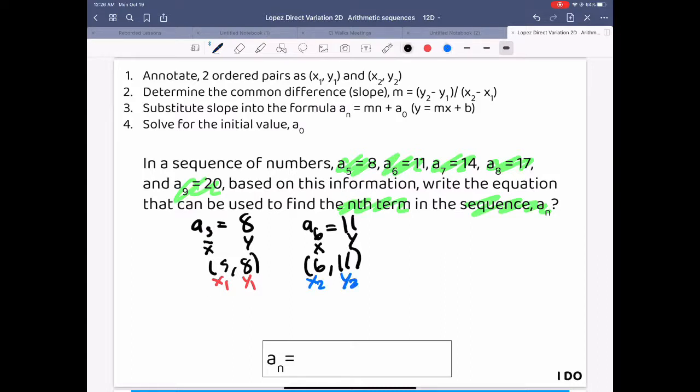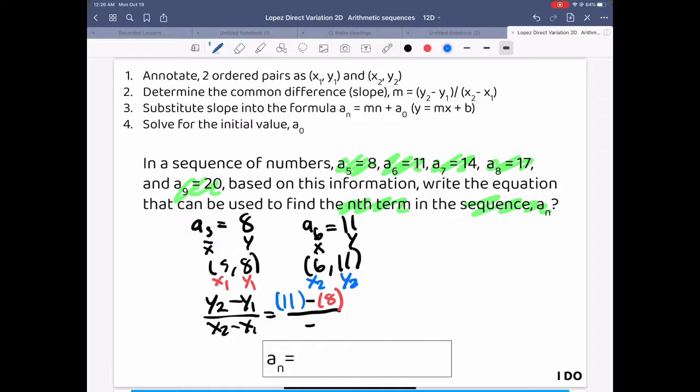Going to use the formula y sub 2 minus y sub 1 divided by x sub 2 minus x sub 1 is equal to. Now I'm going to substitute my numbers, but first I'm going to set up the form. Parentheses, always substitute in parentheses. 11 minus 8.